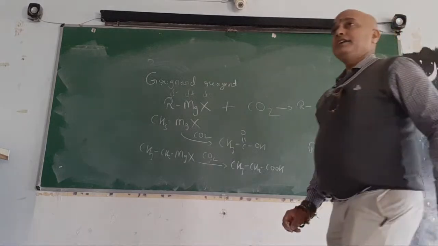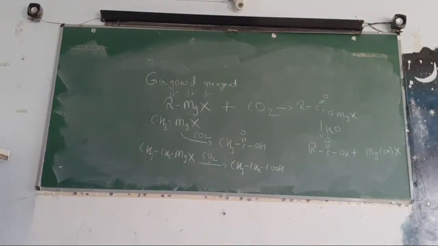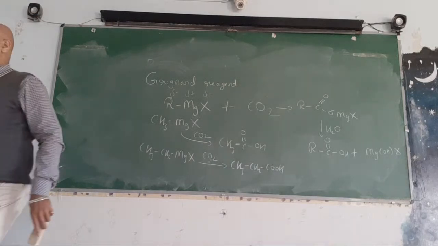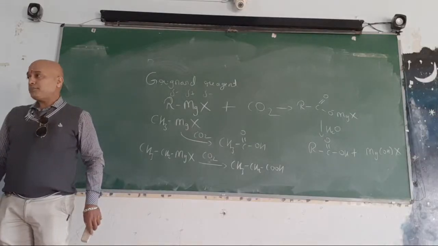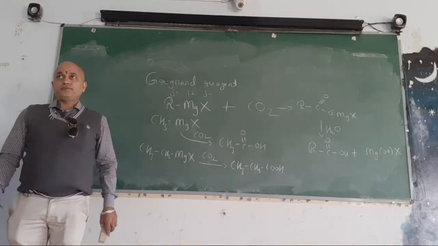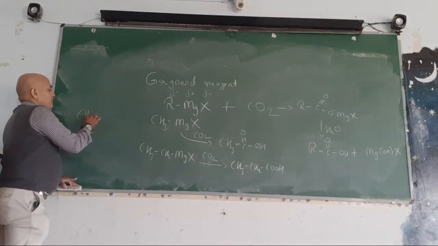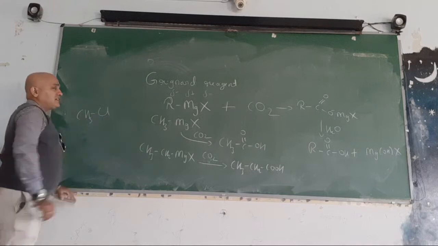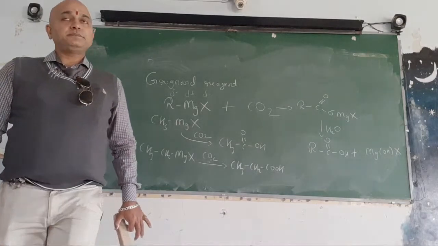How can we do it? You have to connect with the alkane topic. The question is simple. I want methyl chloride to be converted into ethanoic acid.